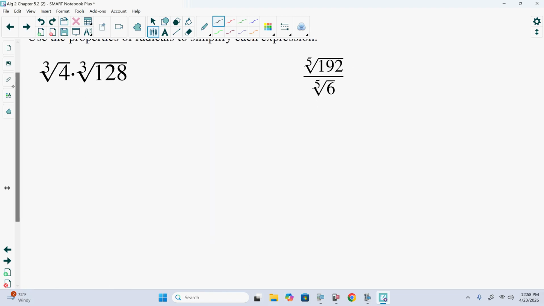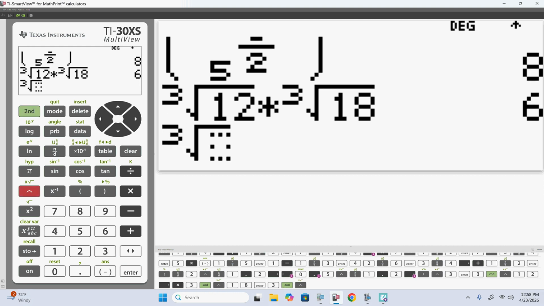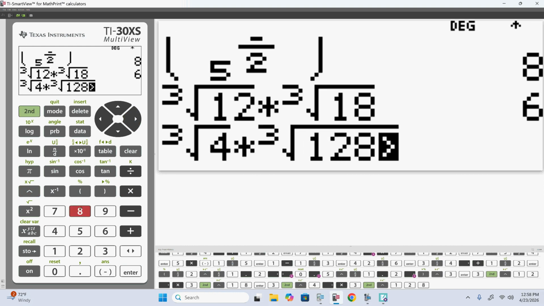So sometimes the nice thing to do, the cube root of 4 times the cube root of 128, might be to just try plugging it into the calculator and see what we get. Tells us it's 8.